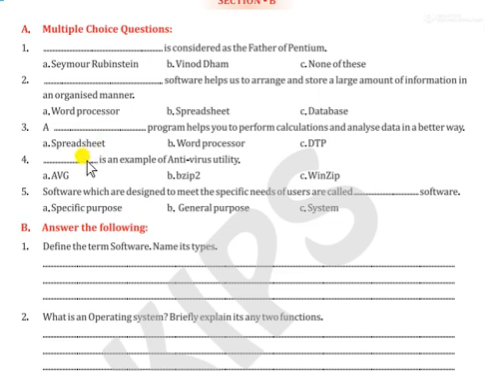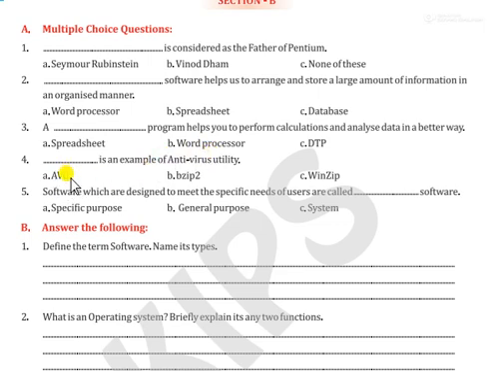Now the fourth one, dash is an example of antivirus utility. An antivirus program is also known as utility software, like we have studied software, utility software, system software and application software. Among them, the antivirus utility is AVG.